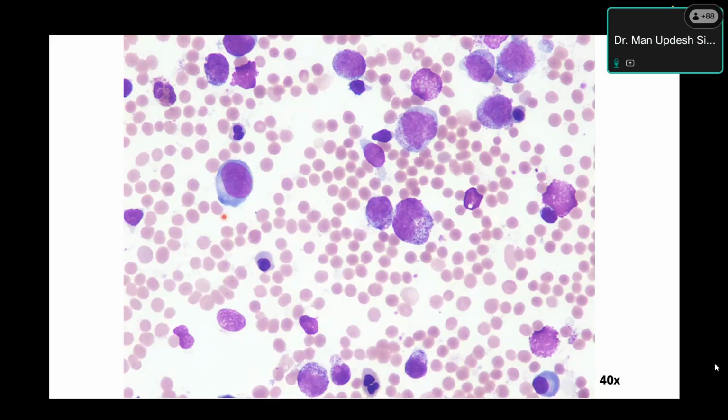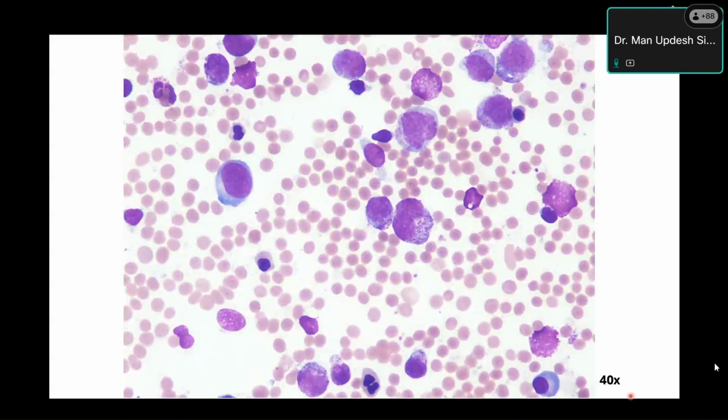Early pro-erythroblast, early erythroblast, late erythroblast, dysplastic erythroblast, myeloid series of cells. The neutrophils you see are low in numbers. There are more myelocytes, some promyelocytes, a metamyelocyte, right? So neutrophils, which usually form one third of the myeloid series of cells, are lower in numbers.